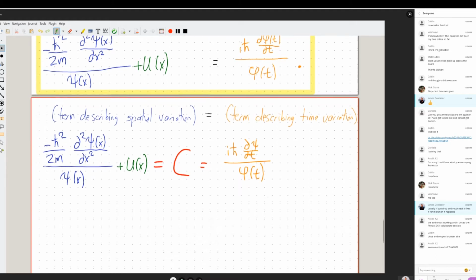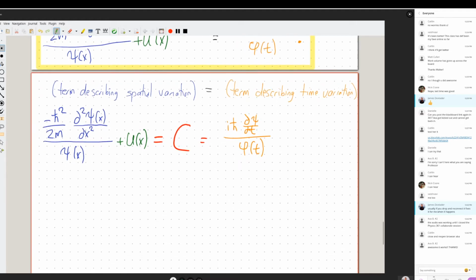So this may not seem like we've made much progress, but what we want to do now is digest each side on its own. We're going to digest the time part first, and we're going to understand what that means and what that tells us about our solutions, and then we're going to apply that knowledge back to the spatial part. And by the end of this, we're going to be having some pretty strong Physics 307 flashbacks for those of you who took Physics 307 with me.